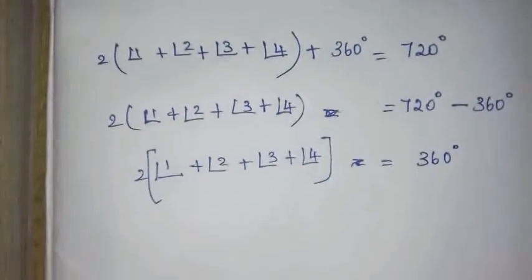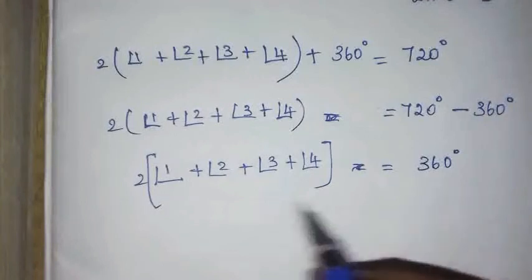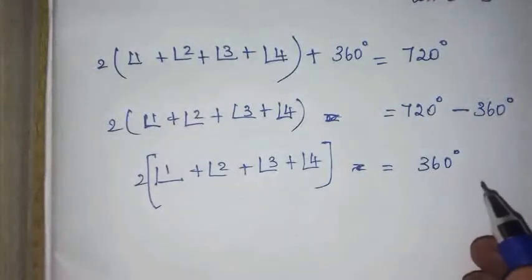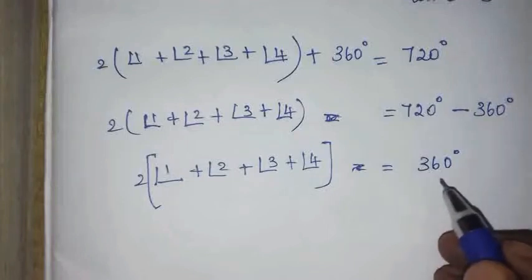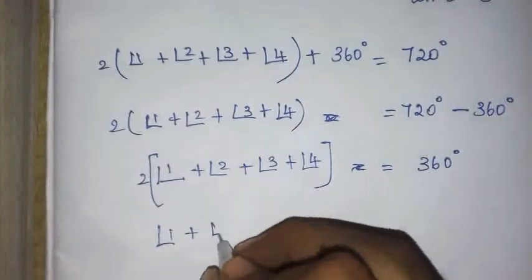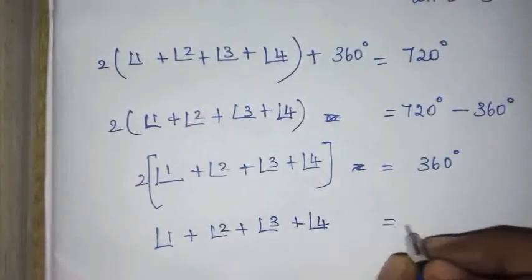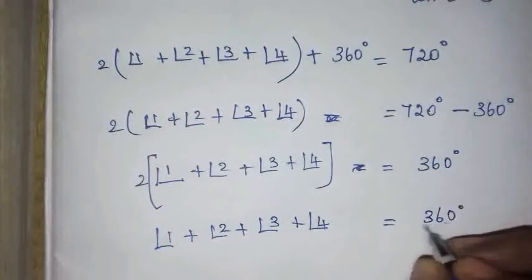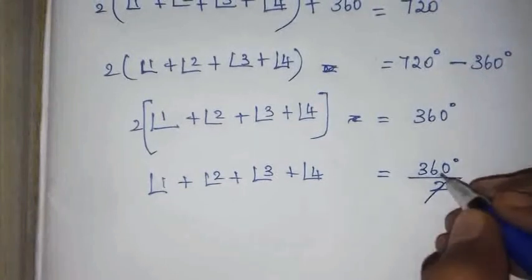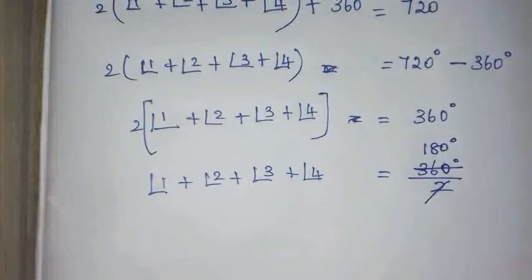In the next step, we take this 2 to the other side. It is in multiplication, so while going to the RHS, it goes as division. So angle 1 plus angle 2 plus angle 3 plus angle 4 is equal to 360 degrees divided by 2. Now we can cancel this. What will you get? 180 degrees.